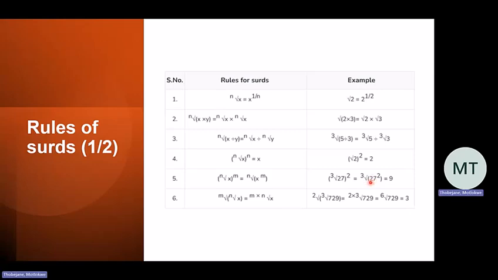So it means you will take 27 as 3 to the power of 3, times 2 over 3. Then 3 will cancel 3. You will remain with 3 to the power of 2. 3 to the power of 2 is equal to what? 9.